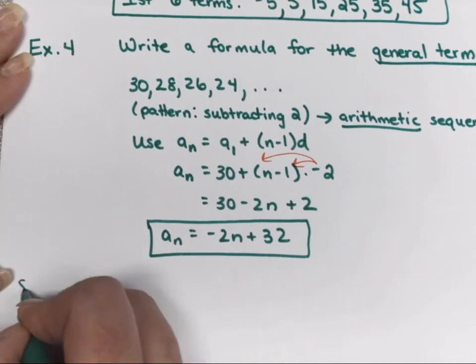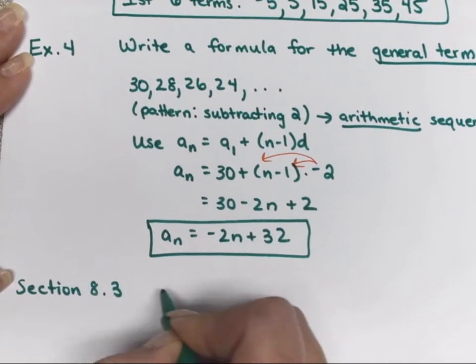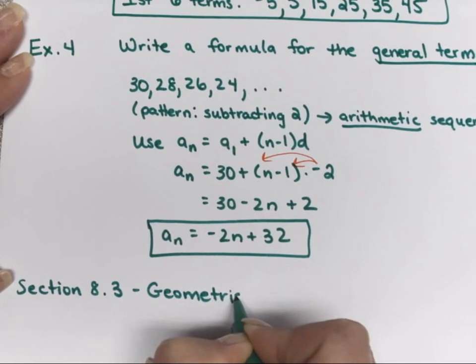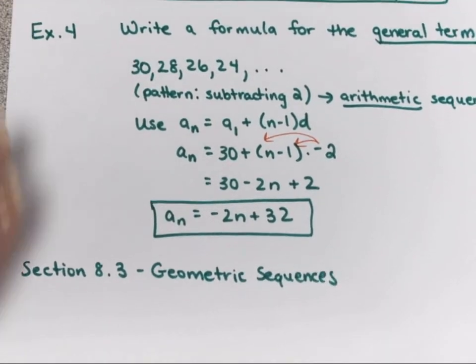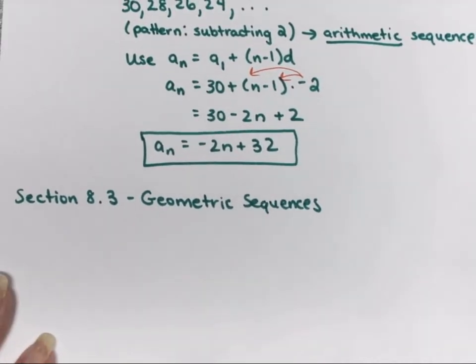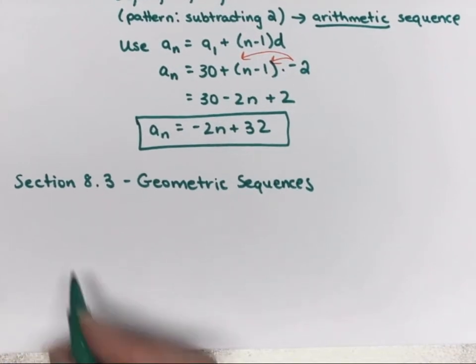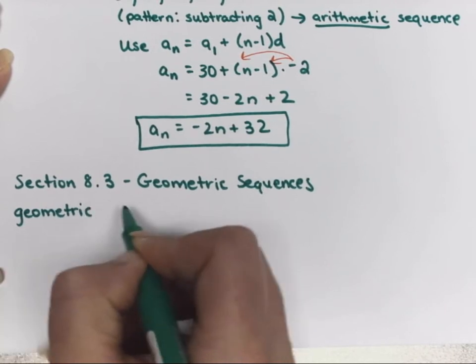All right, so we're doing these together because this is the second most common type of sequence. Okay, but its pattern is going to be almost as easy to pick out. All right, so we know what arithmetic sequences are, right? We add to get from one number to the next.